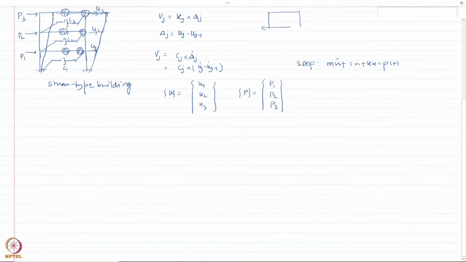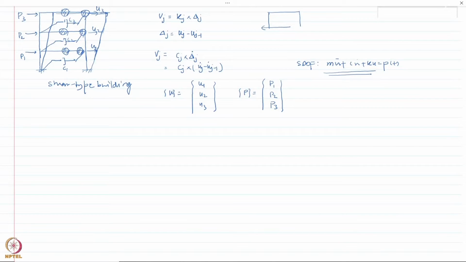Okay, and what I want is that if somehow the equation of motion for this type of multi-degree of freedom system can be reduced to this form here, then the job would become much simpler for me, because I already have the solutions that we have derived for different types of loading and conditions.